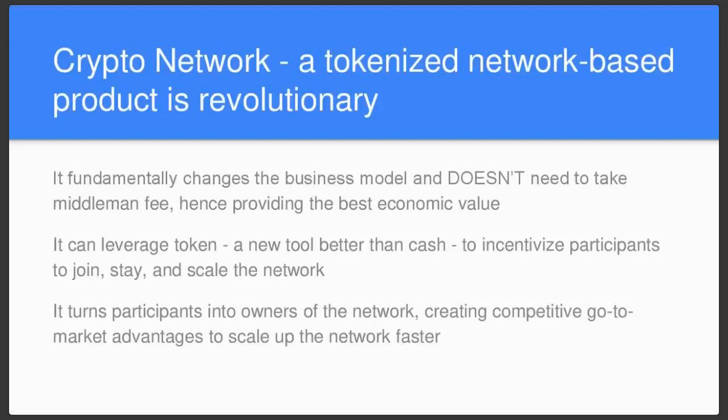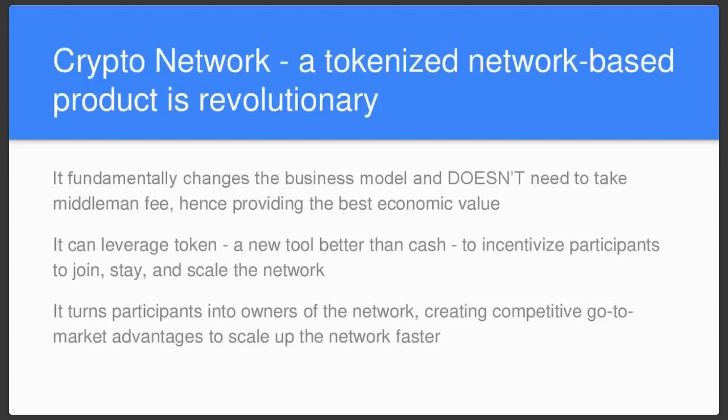The reason a crypto network can be a revolution is, number one, it fundamentally changes the business model from an equity-based business model to a token-based business model. What a token-based business model really means is that it doesn't need to take the tax, which is sometimes called the middleman fee.